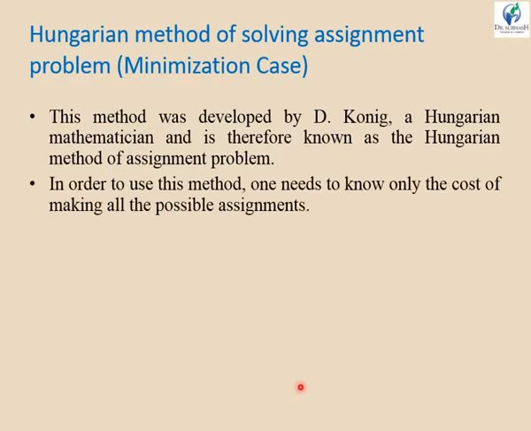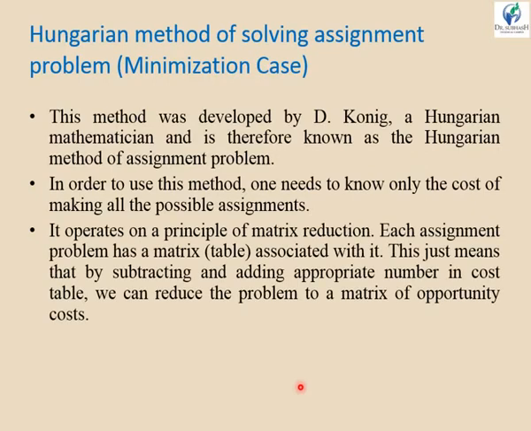In order to use this method, one needs to know the cost of making all the possible assignments. So there must be availability of costs. Then it operates on the principle of matrix reduction.